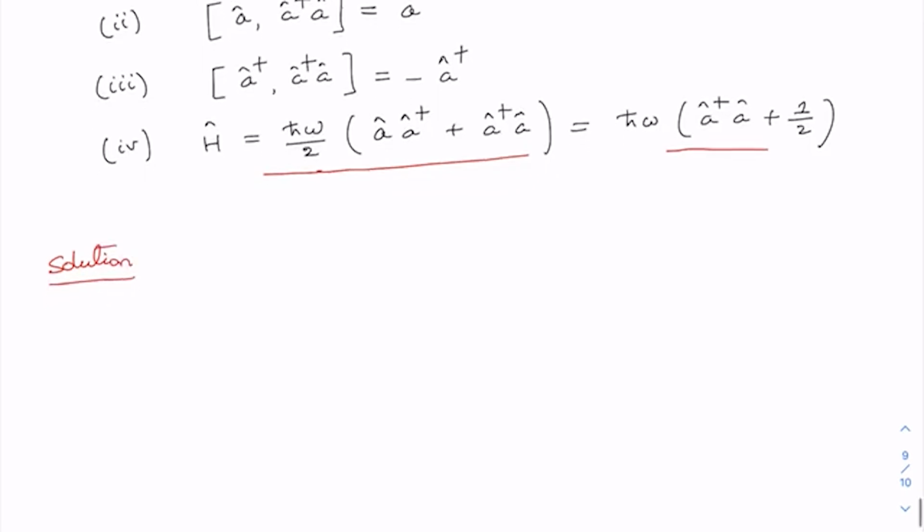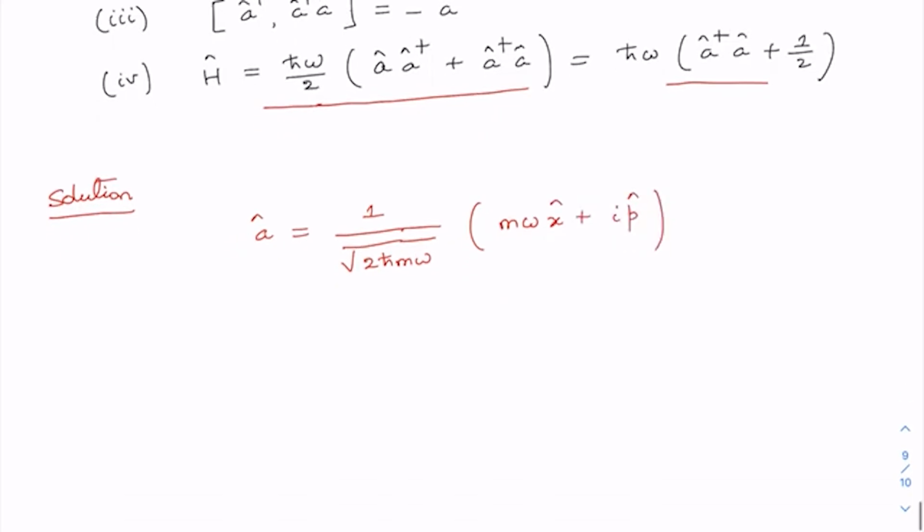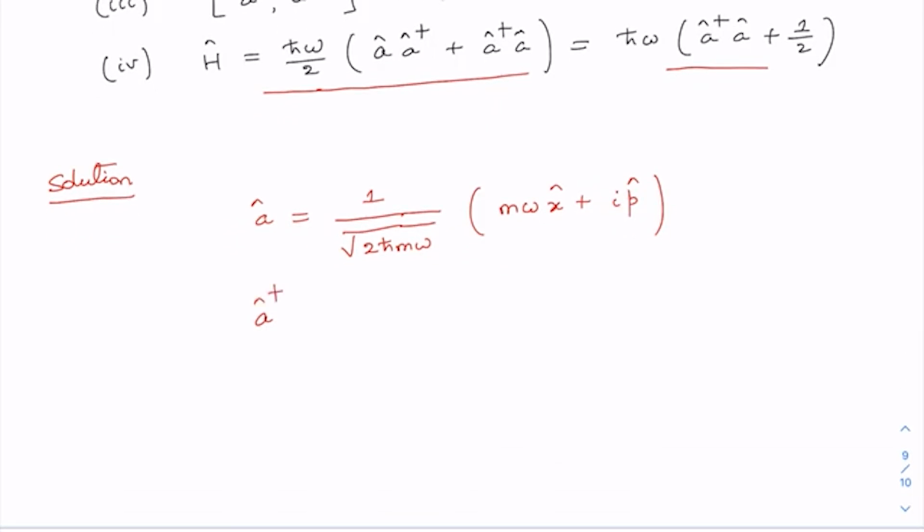So we have annihilation operator A is 1 by square root of twice h cross m omega (m omega x cap plus ip), and A dagger is equal to 1 by square root of twice h cross m omega (m omega x cap minus ip).